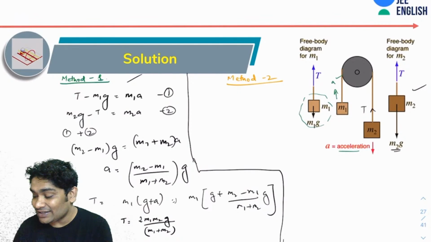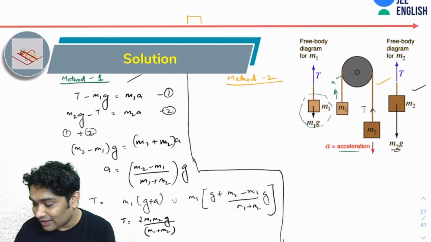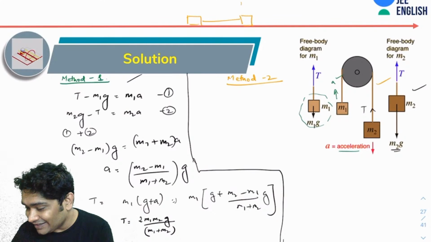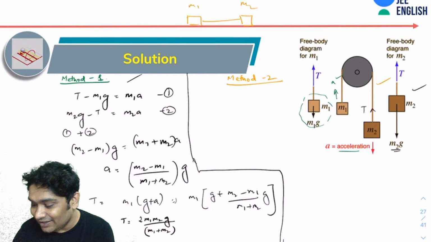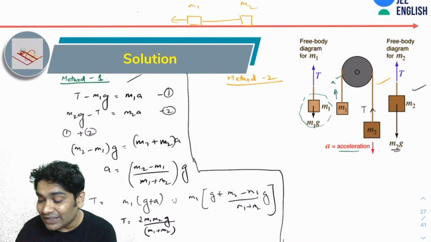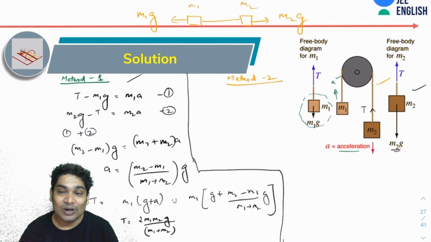So what I'll do is, instead of this, I will imagine the two masses kept like this. And this is M2, this is M1. Imagine that this guy is being pulled on this side by M1G and this guy is being pulled on this side by M2G.